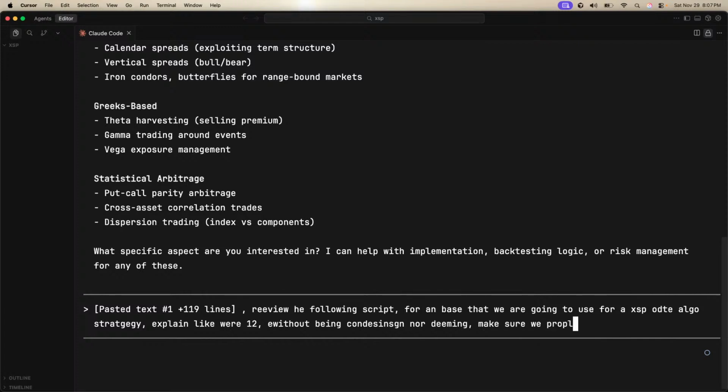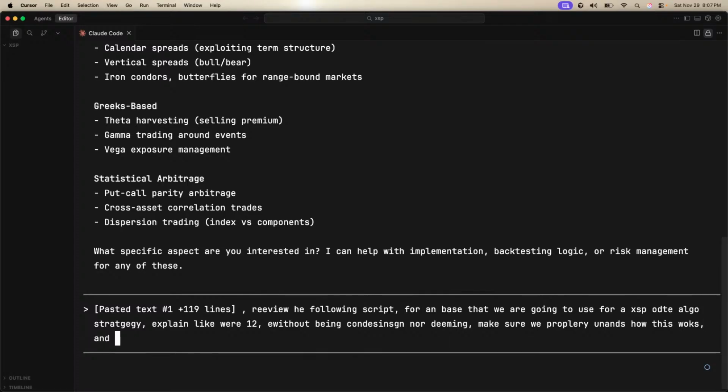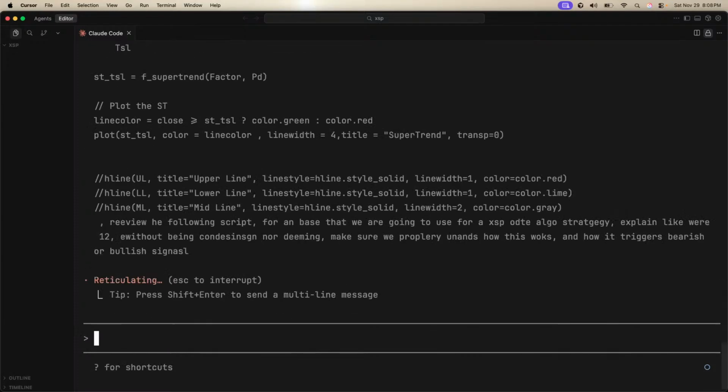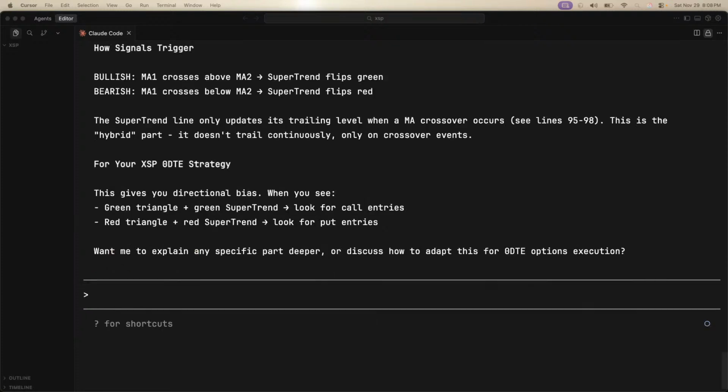Make sure we properly understand how this works and how it triggers bearish or bullish signals. Oh, already pasted. All right, perfect. Now let me paste that. All right, beautiful. So while that's outputting, let me just make sure my levels are good. There's no errors.